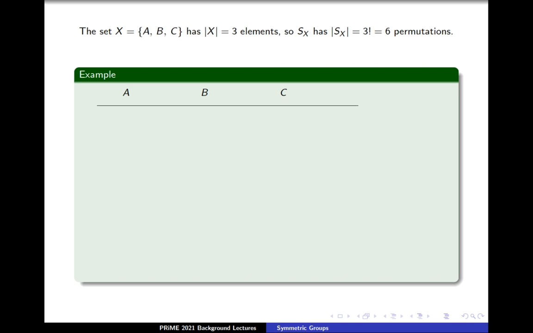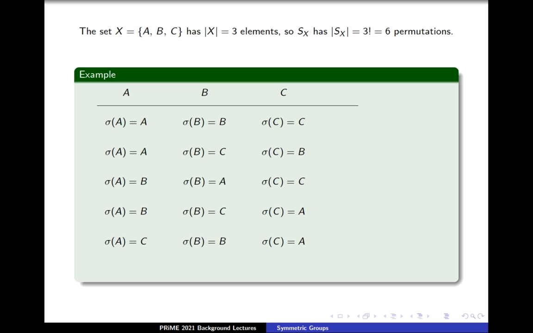So for our set A, B, and C with 3 elements, let's write our 6 permutations out as we did before, now as rows. So this first row is the identity permutation, and then we have the other 5 permutations from before. The cycle notation that we'll write on the right-hand side is as follows.